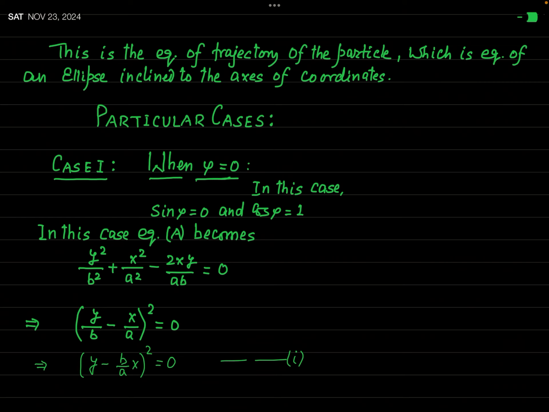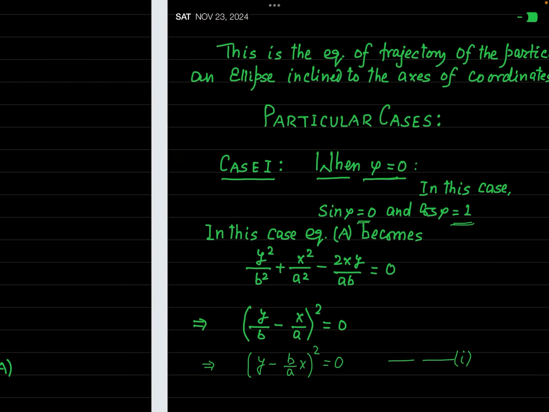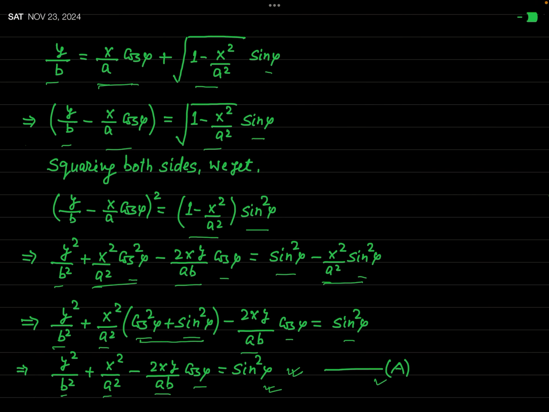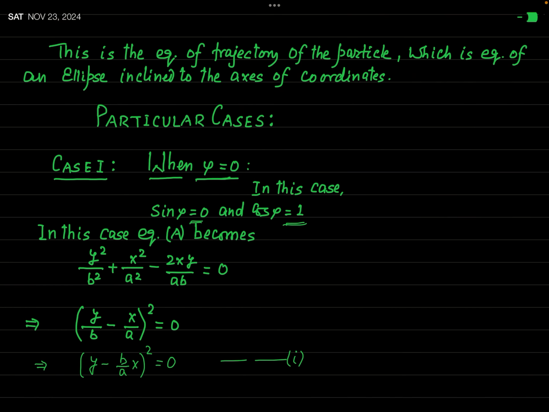You know, when phi is 0, sine phi will be 0 and cos phi will be 1. So in this condition, what will be the equation of the trajectory of the particle? For this, let us substitute sine phi equal to 0 and cos phi equal to 1 in this resulting equation A. Instead of cos phi we write 1, and instead of sine phi we write 0.